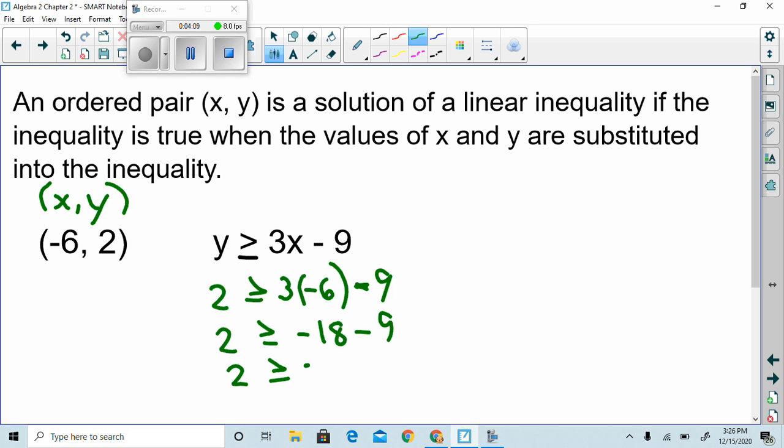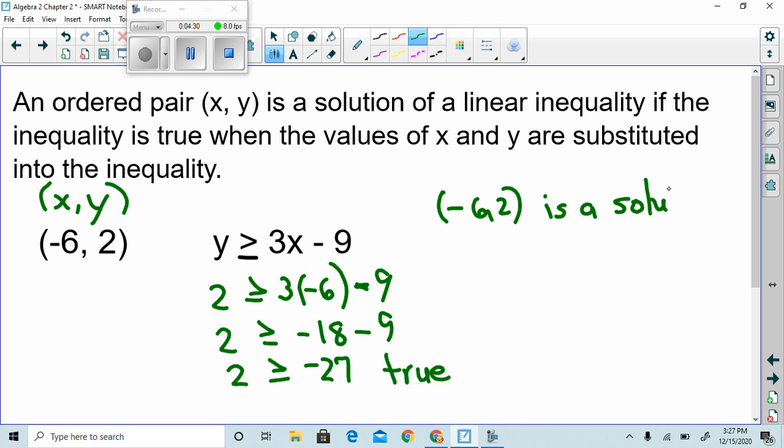Add the opposite, which gives me negative 27. Is 2 greater than or equal to negative 27? The answer to that is yes. So this is a true statement. That tells me that negative 6 and 2, this ordered pair, is a solution. When we graph it, I'll go into more details.